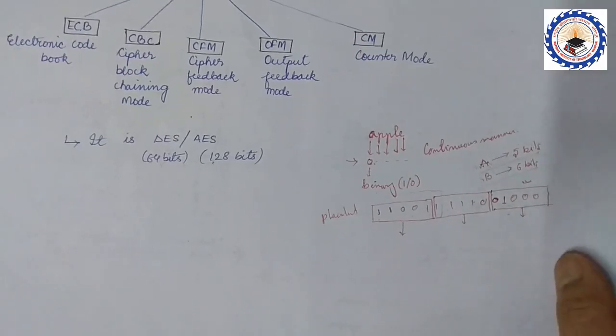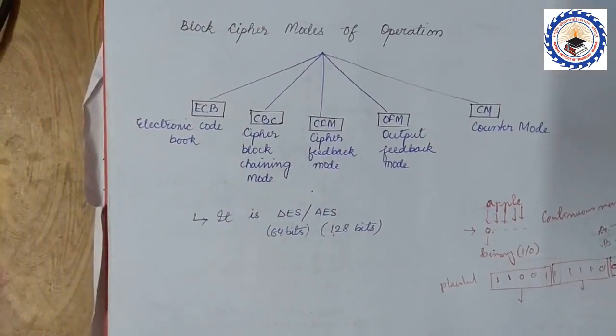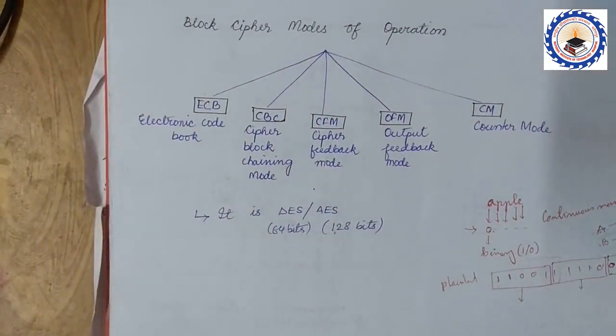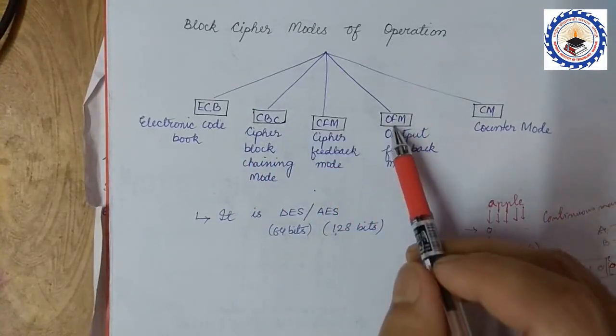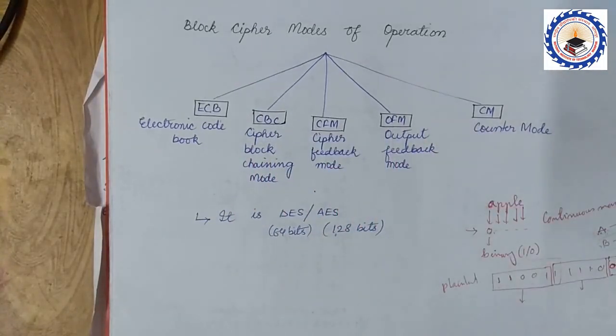So moving on to the modes of operation for the block ciphers, it is divided into five modes: ECB, CBC, CFB, OFB, and CTR. According to these different modes, the operations will be different. But since they are under the same block cipher category, the similar procedure of grouping remains the same: from a given plain text, when you convert to a binary number, you will be grouping it into blocks.